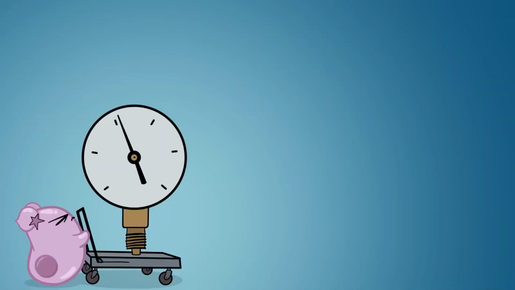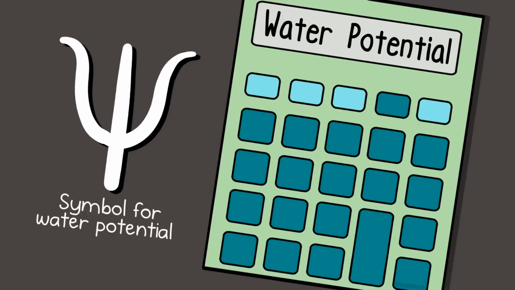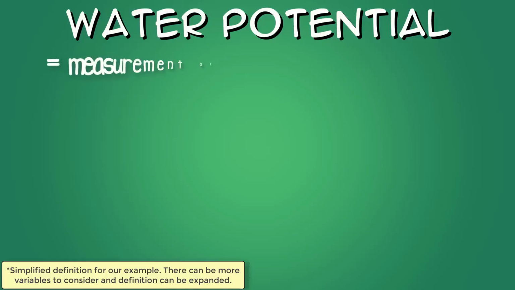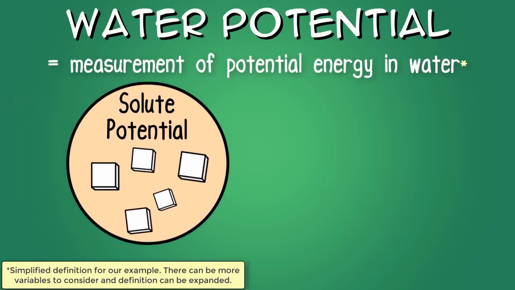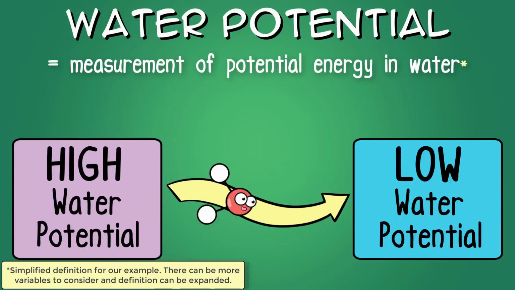So let's bring in another variable that can influence osmosis, pressure potential. This is when it's very useful to understand how one can calculate water potential. Water potential considers both solute potential and pressure potential. In osmosis, water travels to areas of lower water potential.